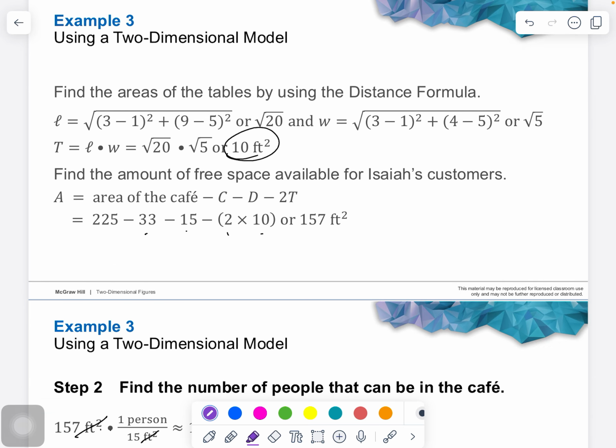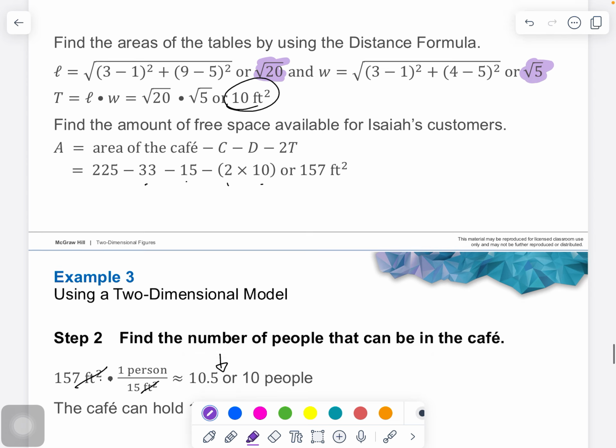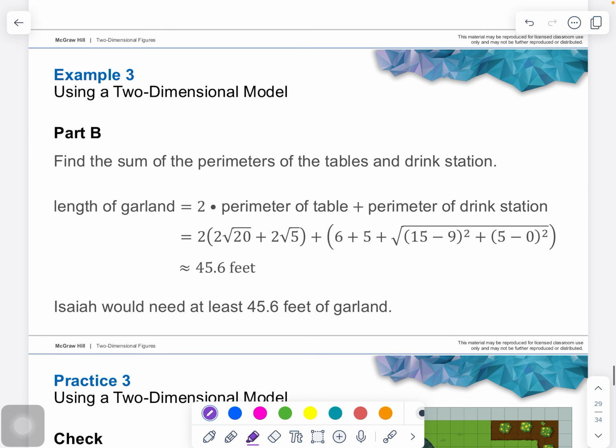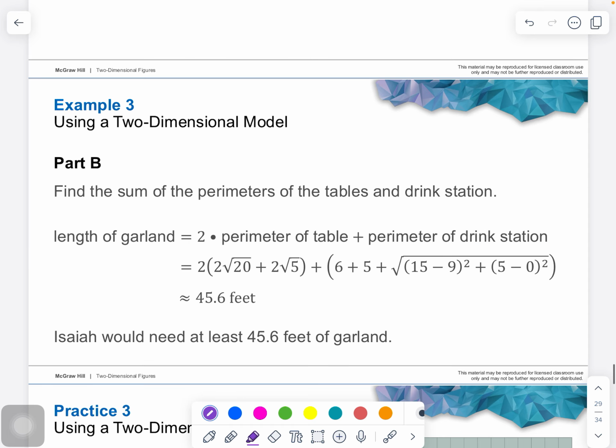Well, we did find the length and the width for my tables right here. So that's good, square root of 20 and square root of 5. Did we have that? Part B. So, got that. Oh, and then the perimeter, we're going around the back side of the drink station too. I didn't realize we could do that.